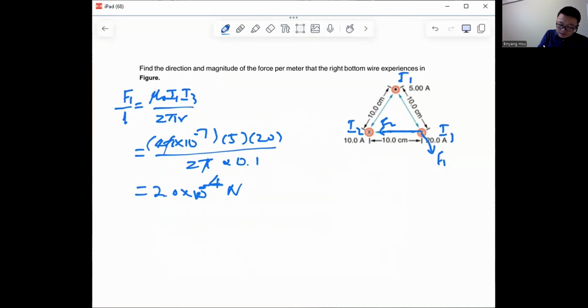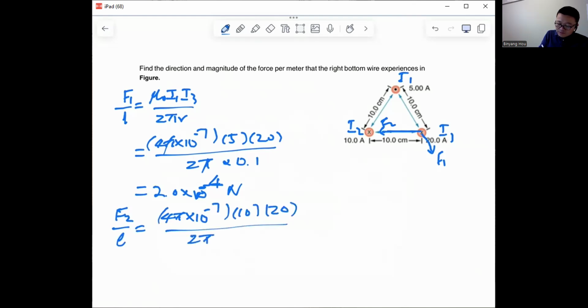And then F2 over L is going to be 4 pi 10 to the minus 7 times 10 times 20. So it's basically twice F1 over L. So that will be 4.0 times 10 to the minus 4 newtons per meter.